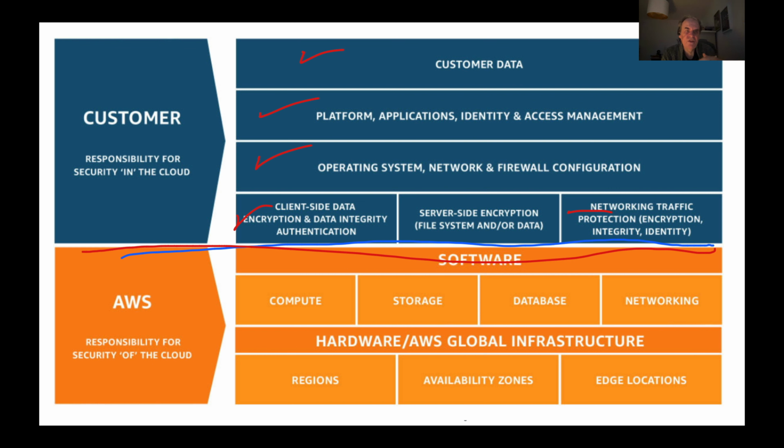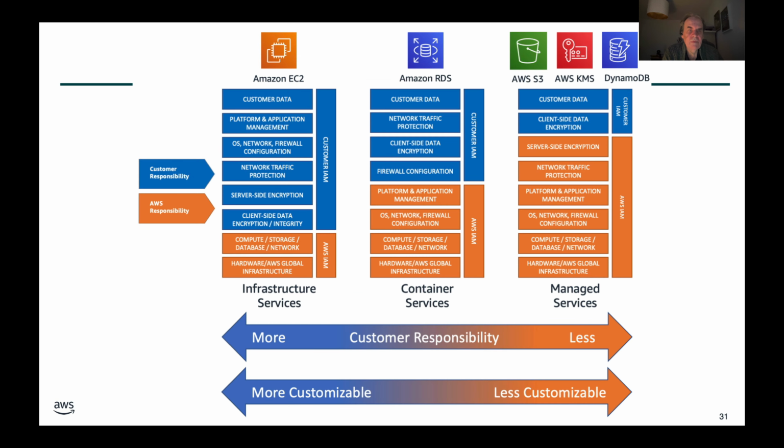But for the core EC2 platform as a service, this is the defining line here. Underneath, it's the responsibility for AWS to look after the regions, the availability zones, the hardware storage, networking hardware, and so on. So this gives you an example here.